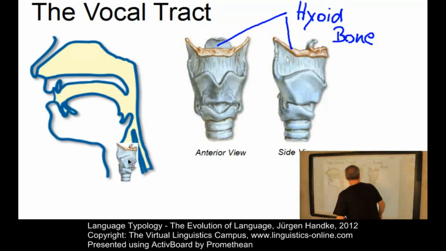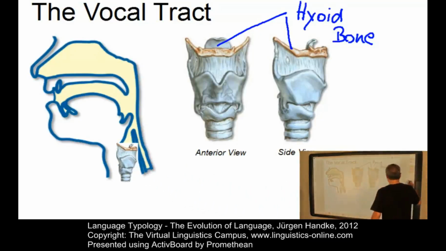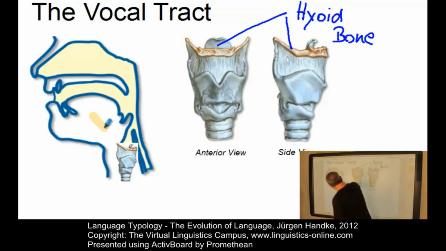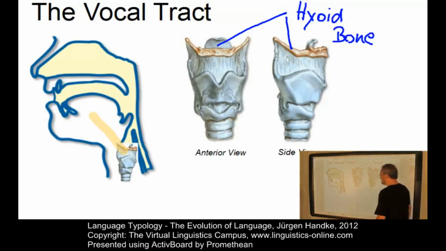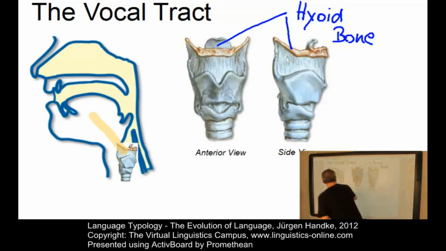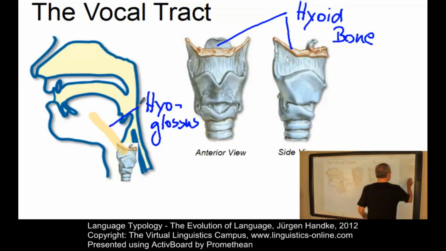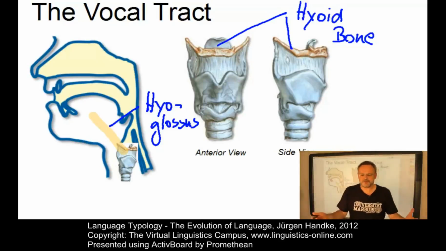Now this would be roughly the larynx position, and here is the connection between the tongue and the larynx, the hyoid bone, the so-called hyoglossus. The interesting effect is the following. A lower larynx position leads to a retraction of the tongue.